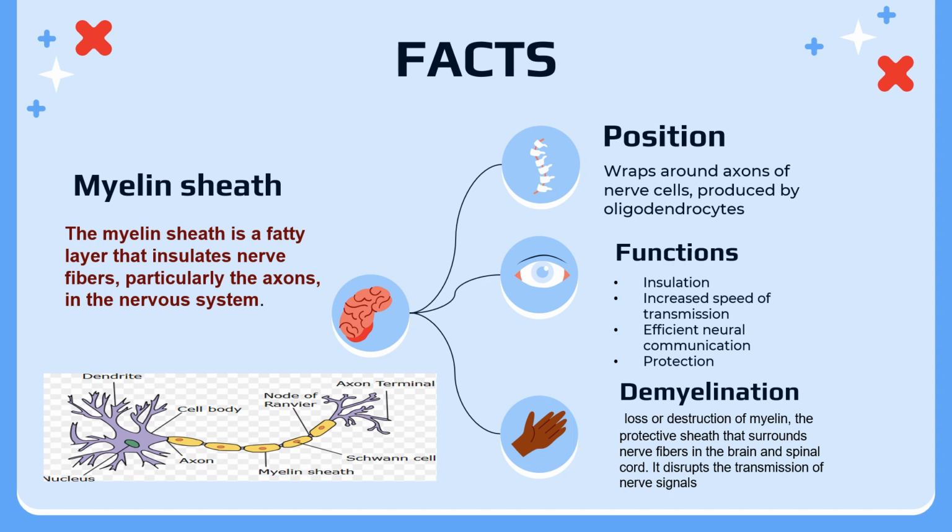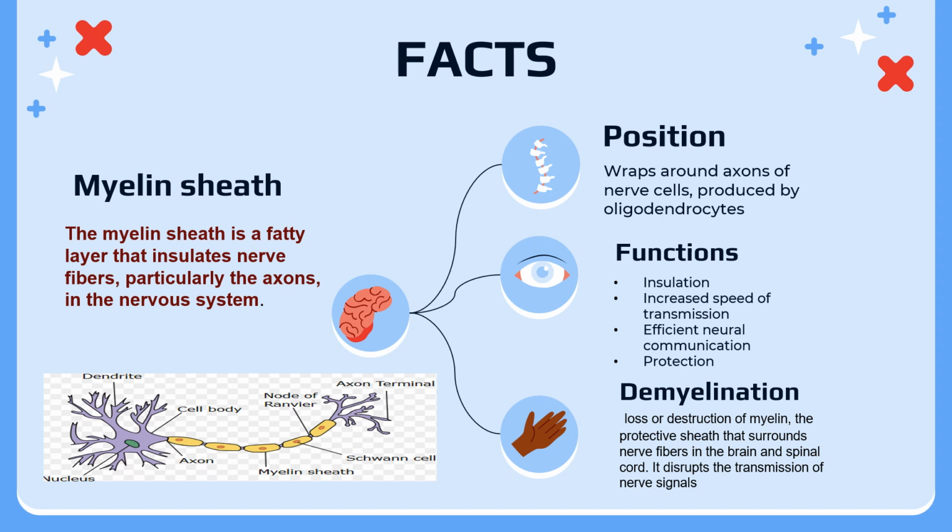Next function, increased speed of transmission, which means that it allows the conduction to happen very smoothly between the gaps in the myelin sheath, called the nodes of Ranvier. This increases the speed at which the signal travels down the axon.